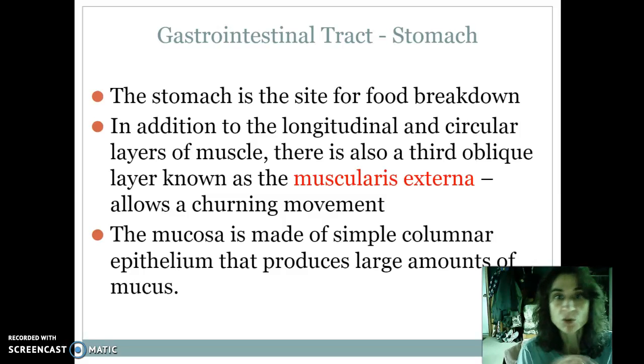That churning movement is what is really going to break that food down into what is called chyme. Chyme is just a liquidy mush, what the food gets turned into before we move it down into the small intestine. So our stomach does that churning motion to continually break down that food. We started it in our mouth. Now it's going to finish mechanically breaking it down in the stomach.